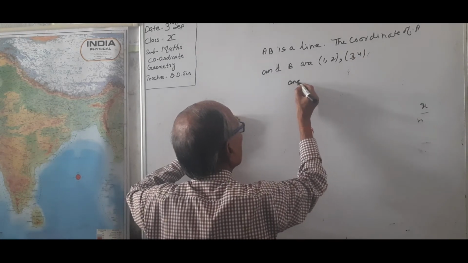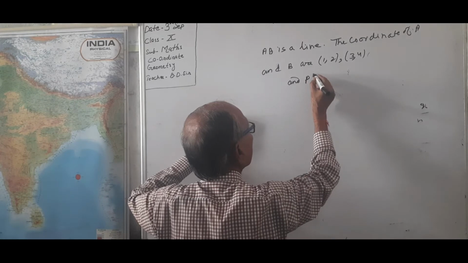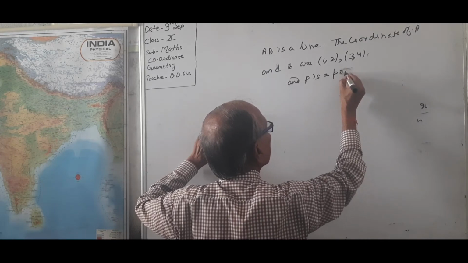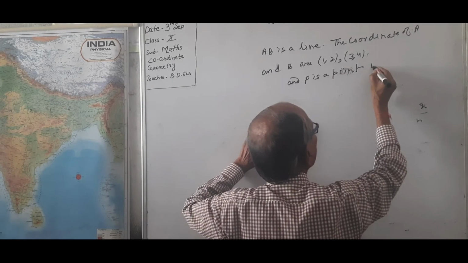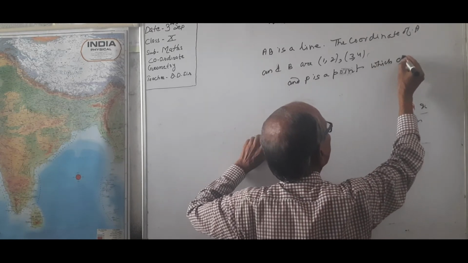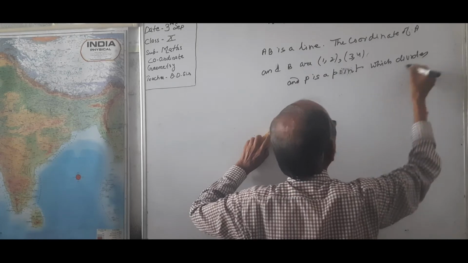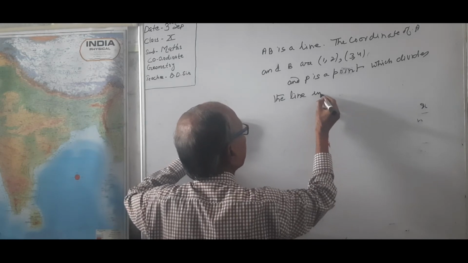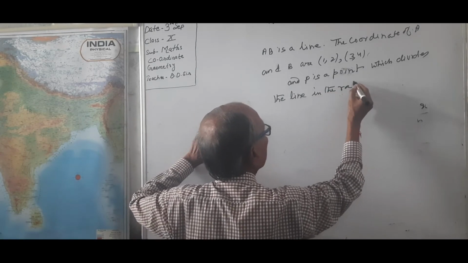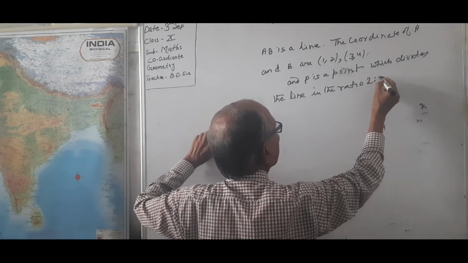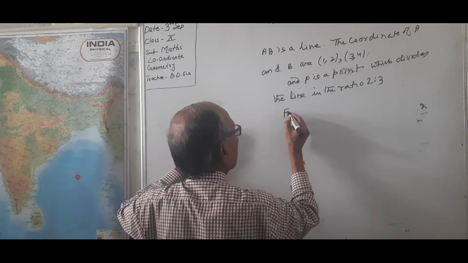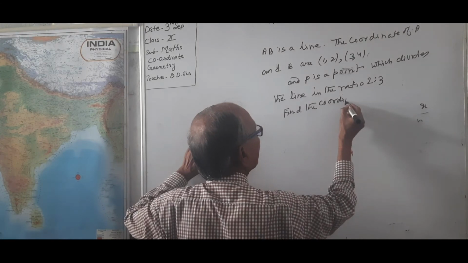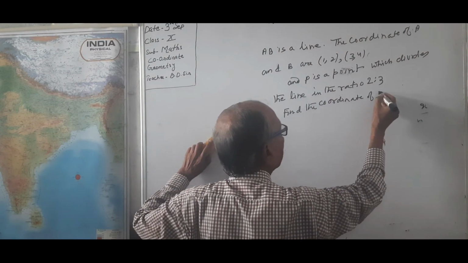And P is a point which divides the line in the ratio 2:3. So find the coordinate of P.